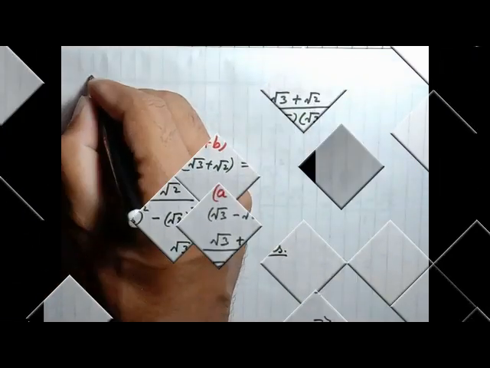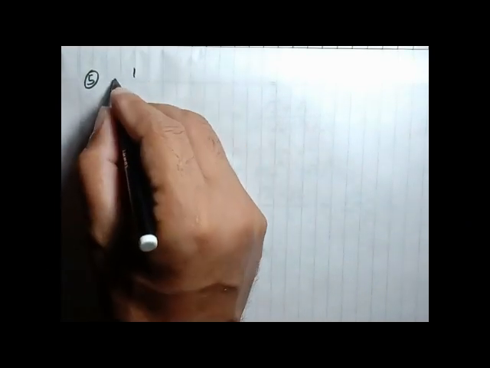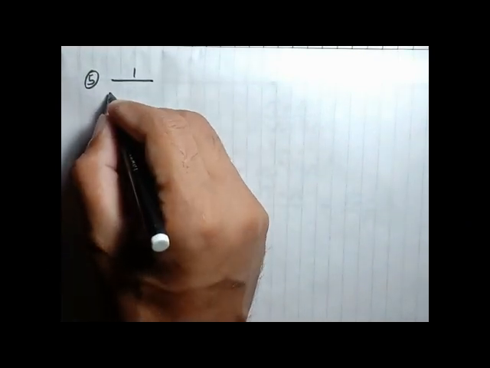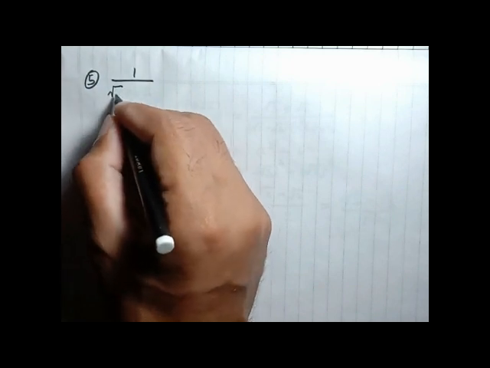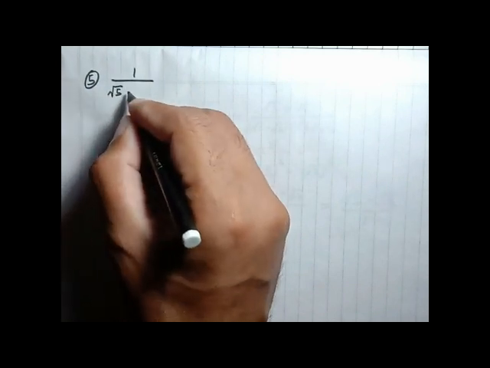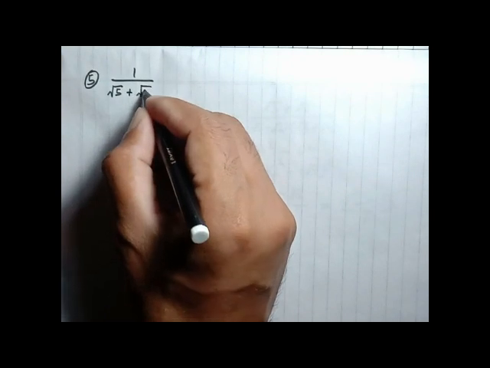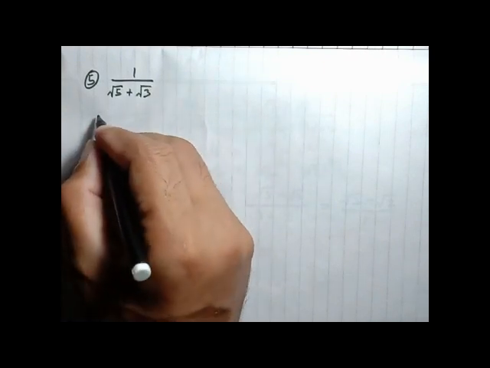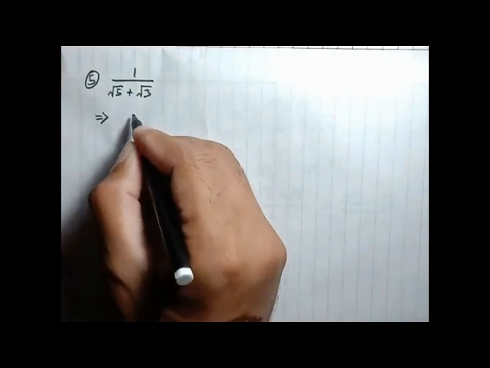So now we will take our next example, example number 5. That is 1 upon under root 5 plus under root 3. Now we have to rationalize 1 upon √5 plus √3. So here in the denominator √5 plus √3 is given.